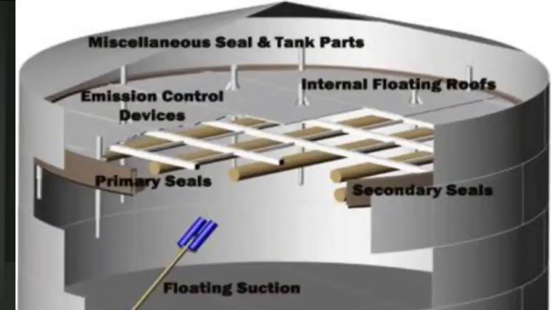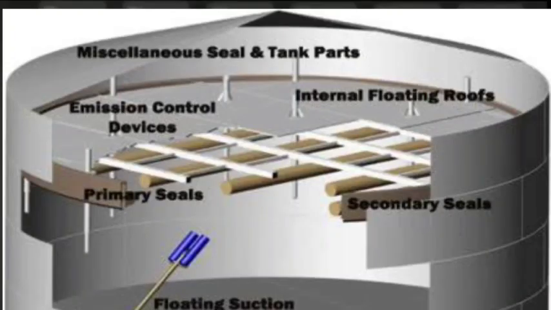Yes, API 650 I have done. Basically, this topic we are discussing right now is about the floating roof. We use a floating roof wherever the hydrocarbon's vapor pressure is important, and wherever the vapor pressure is more than 0.5 psi, we generally recommend a floating roof tank.